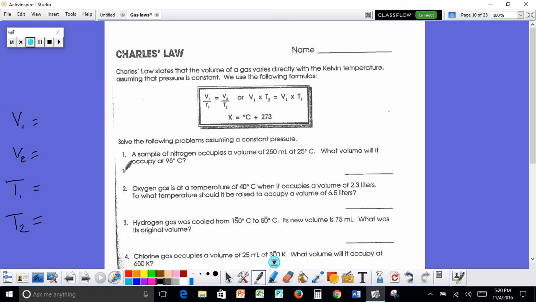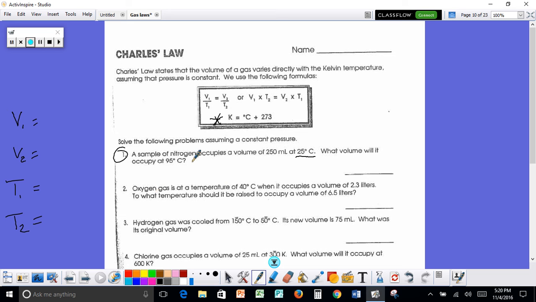So let's look at number 1 again. A sample of nitrogen occupies a volume of 250 milliliters at 25 degrees Celsius. What volume will it occupy? Alright, so first thing that I need to remind us is that anytime we are dealing with temperature, we are going to convert to Kelvin. So a couple of quick things right here.